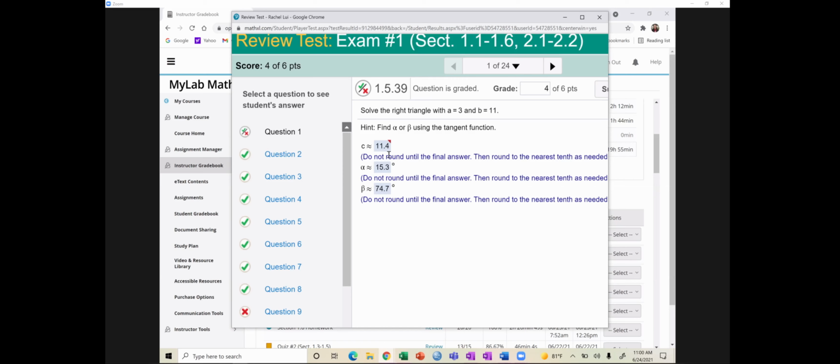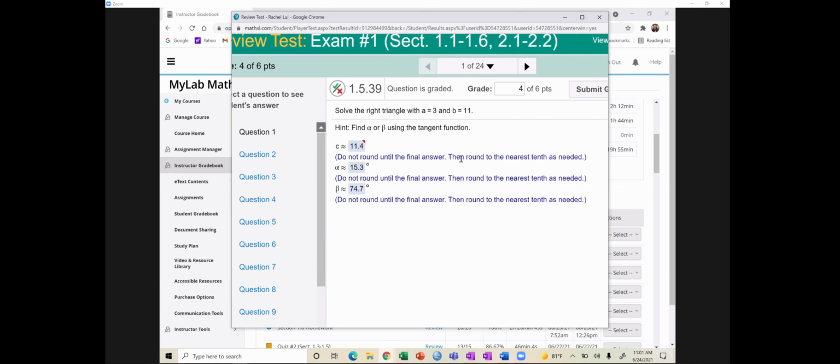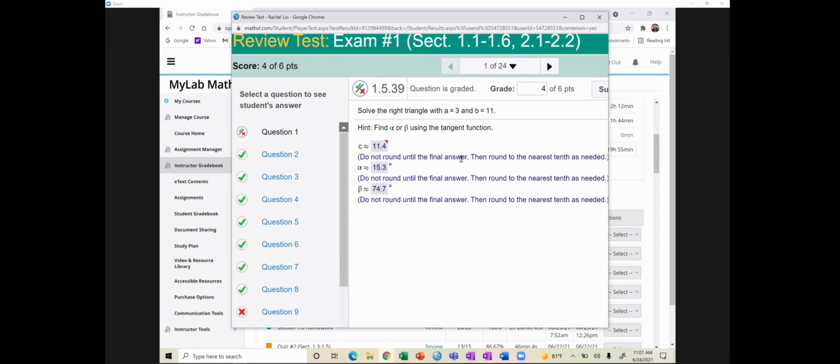So the software, it's different than if an instructor graded, because it's going to read your answer correct or incorrect, and it does need to be in the form that they ask for. So for example, this one, it says round to the nearest 10th, meaning that your answer needs to be a decimal approximation.